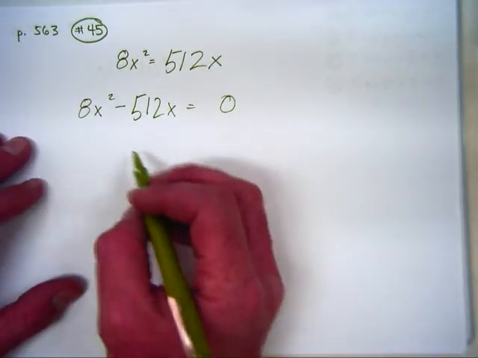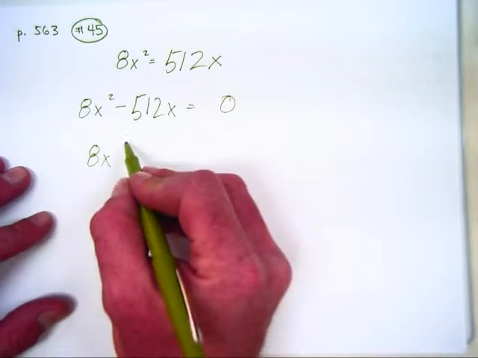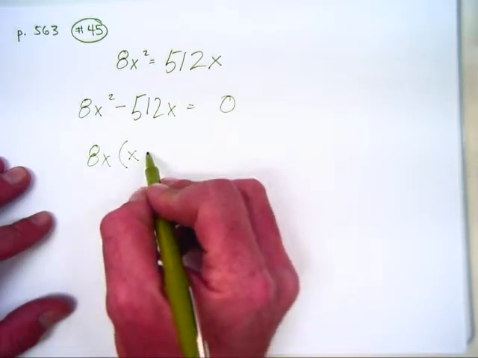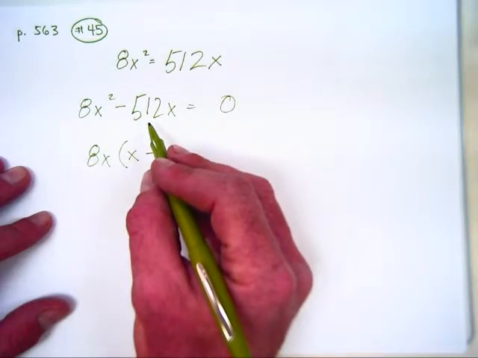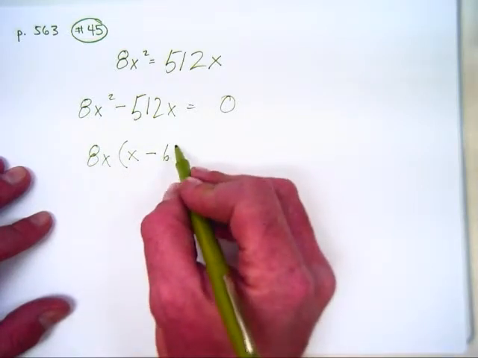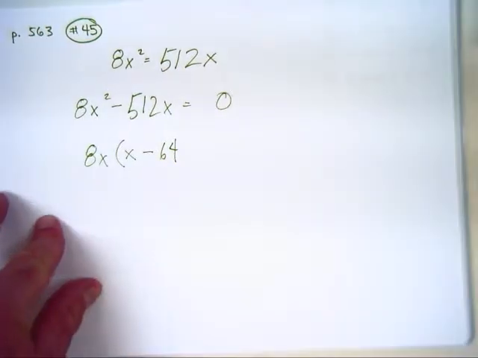So we're going to have to factor this. I'm going to pull out an 8x, and I'm left with x minus 64. I'm sorry, is this an x cubed to start the problem?